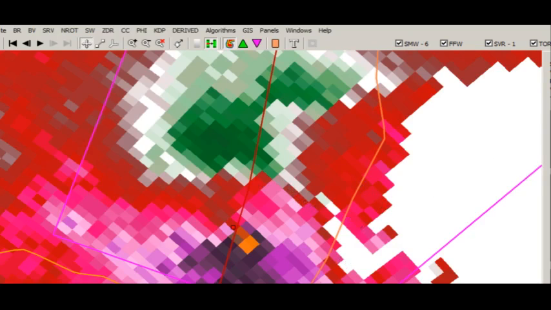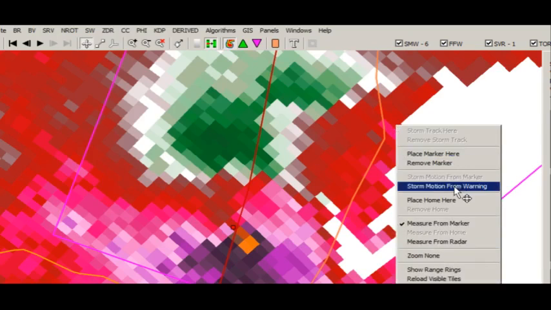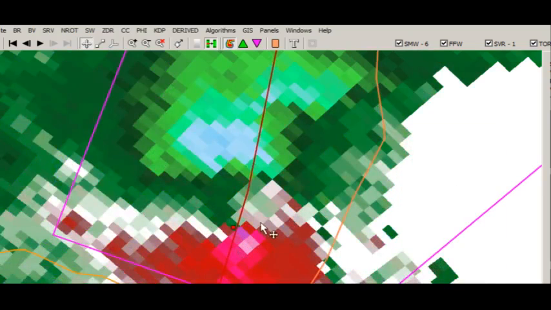Okay, so let me set the motion vector here on the storm relative velocity. And that's probably, let me check the values here, 42 out and 54 in. That's probably good. Okay, so we're seeing about 90 knots of shear here.